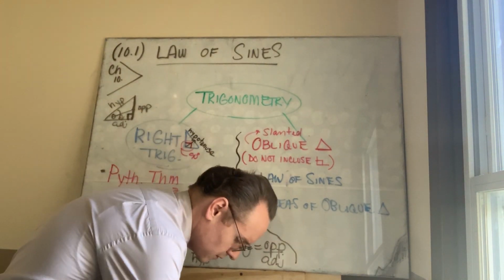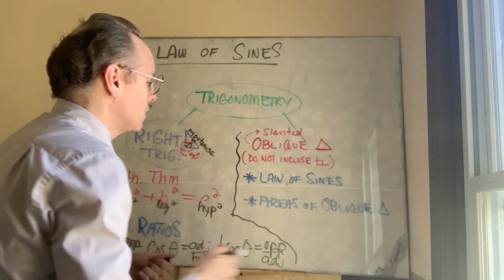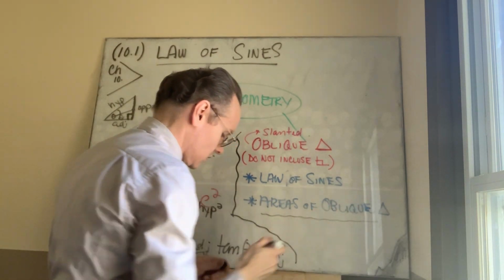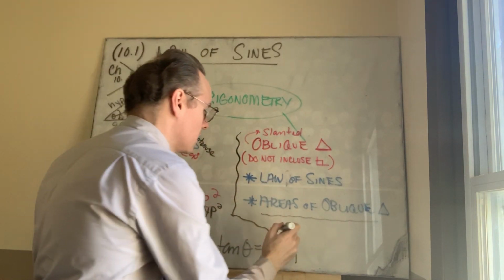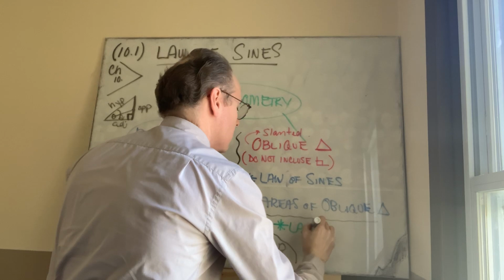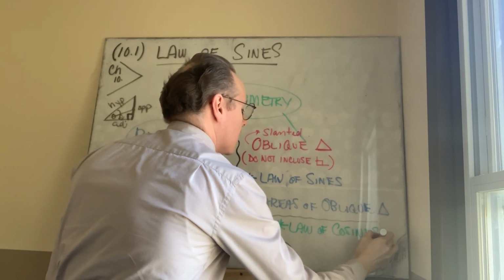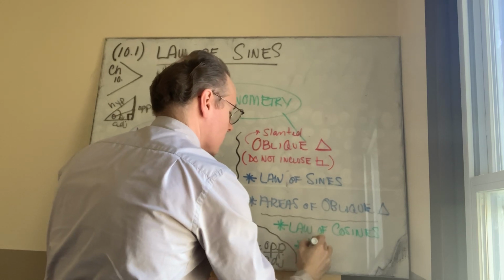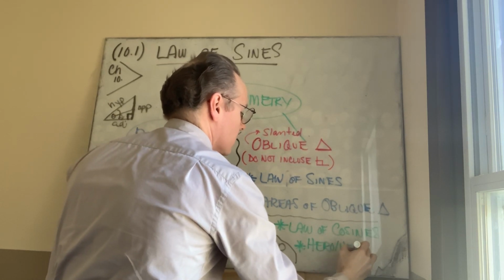A little bit further down the pike, Thursday, we'll do the following: the laws of cosines, and then something called Hero or Heron's formula, depending upon the author.